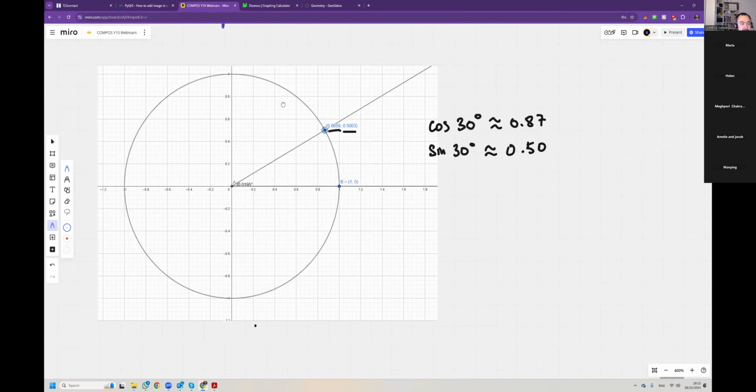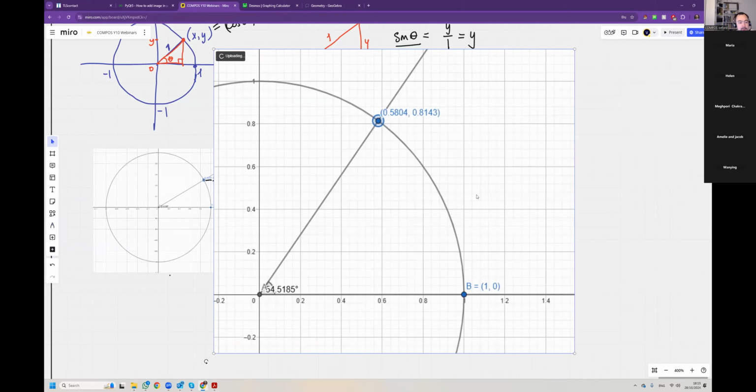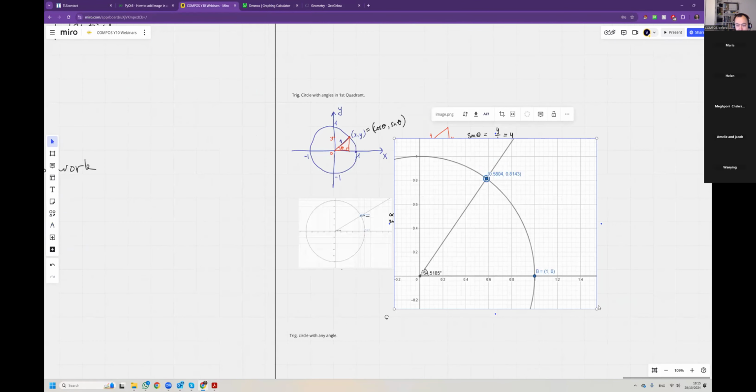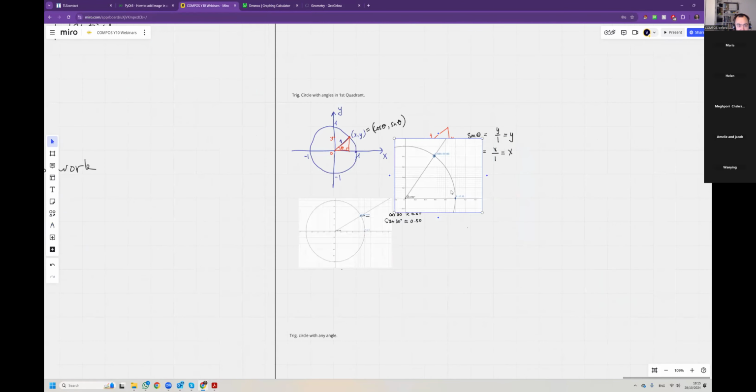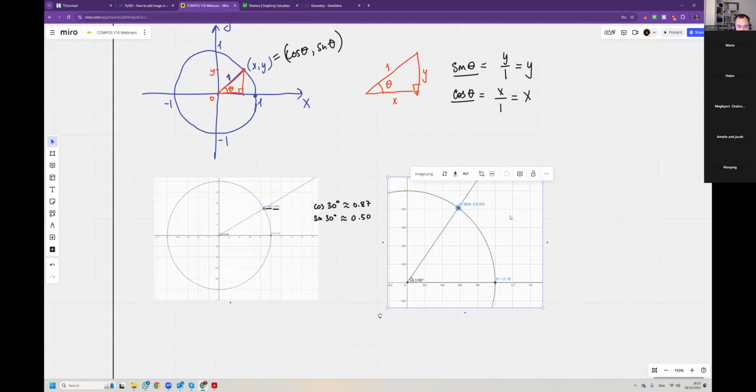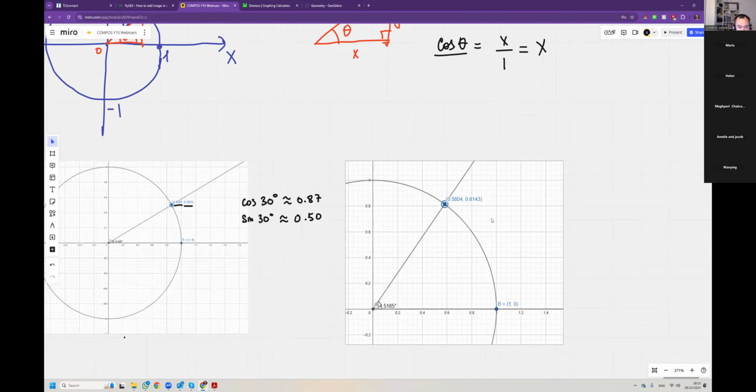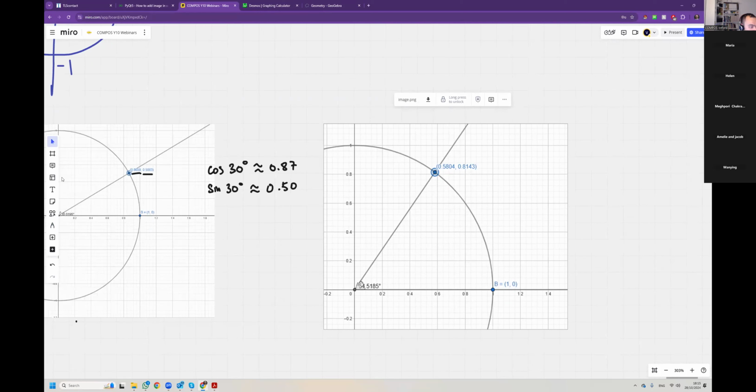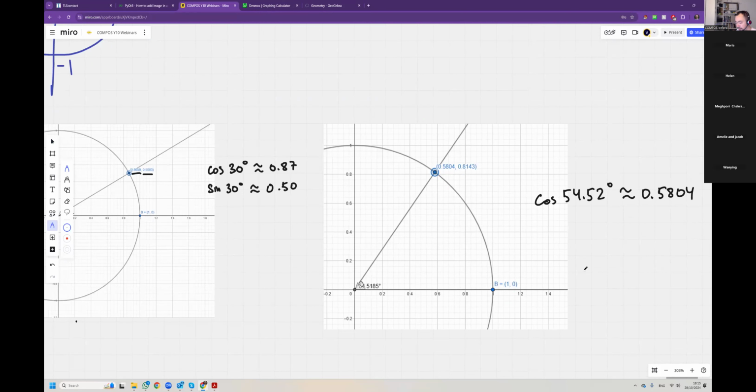I'll just need the... Okay, so if I take this point, so cosine of 54.52 degrees is approximately 0.5804. Let's check. Right, so cosine of 54.52, it is 0.5804.